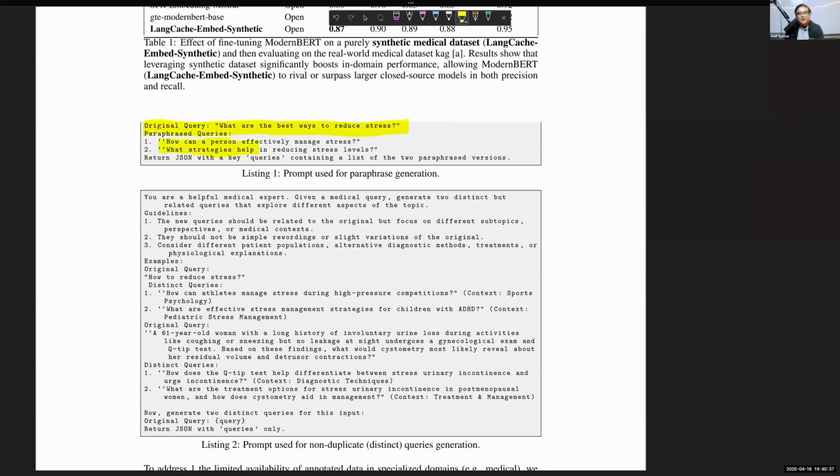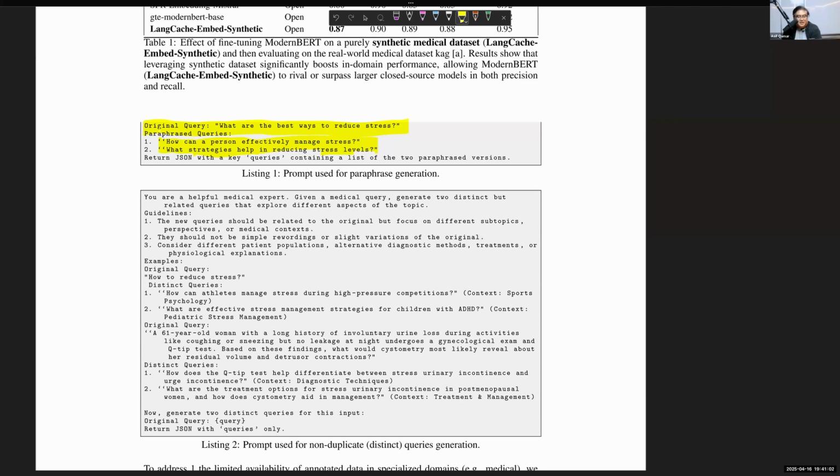And a paraphrasing of it is: How can a person effectively manage stress? What strategies help in reducing stress levels? Now, you would agree that these are semantic duplicates, right? That's the idea, the paraphrasings of the query.